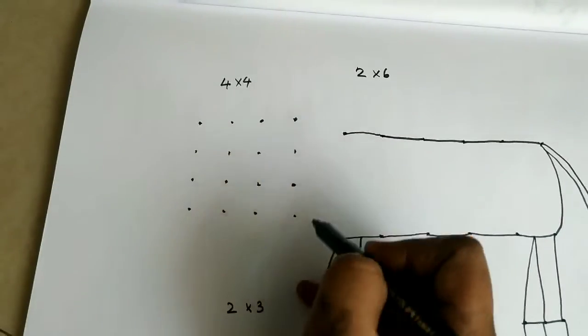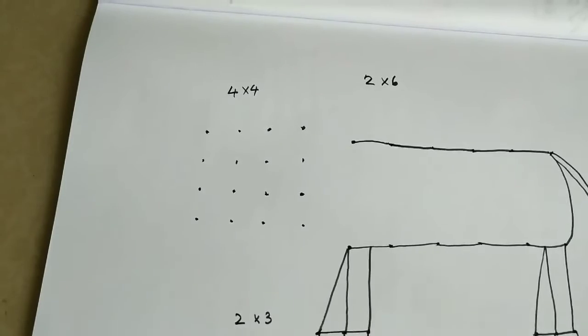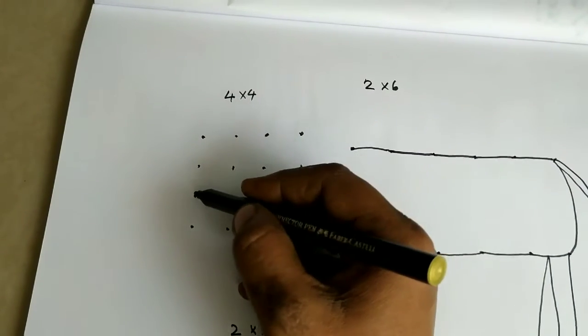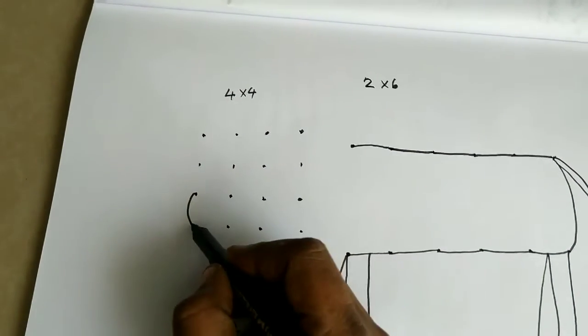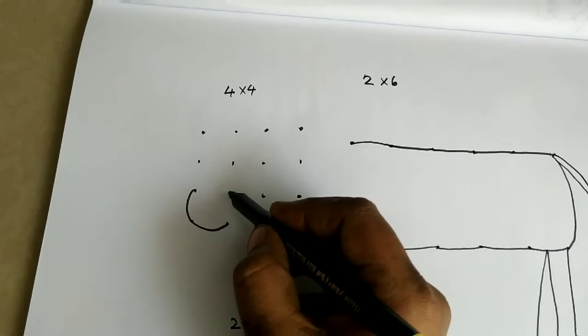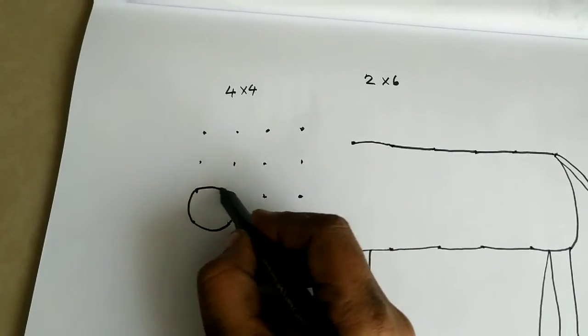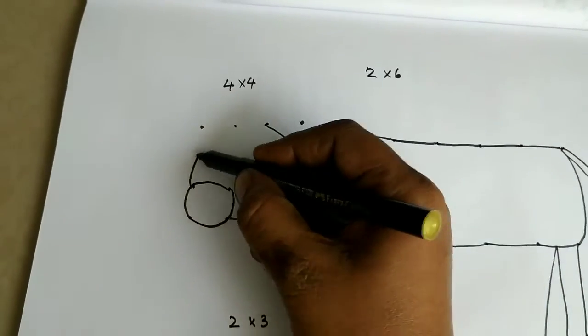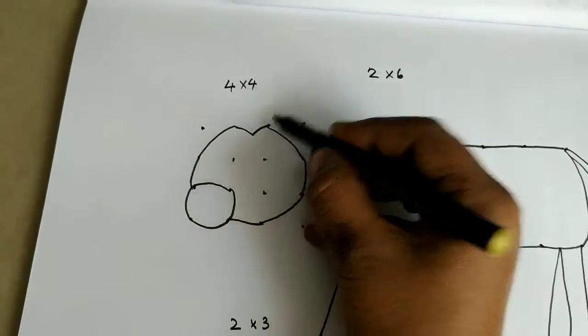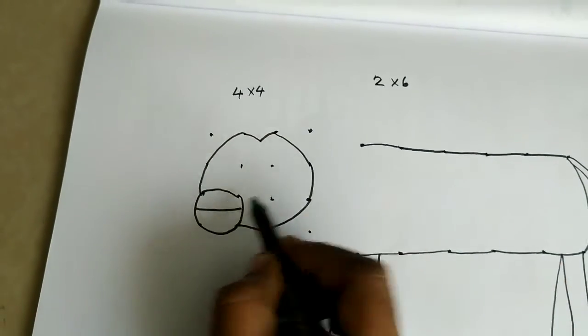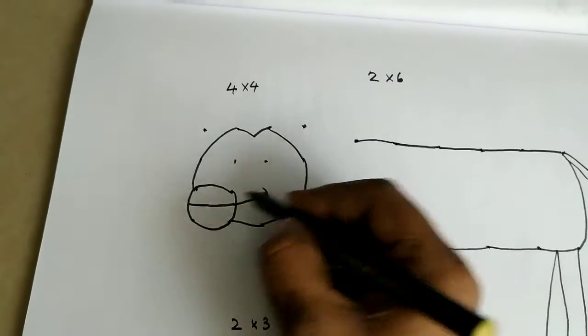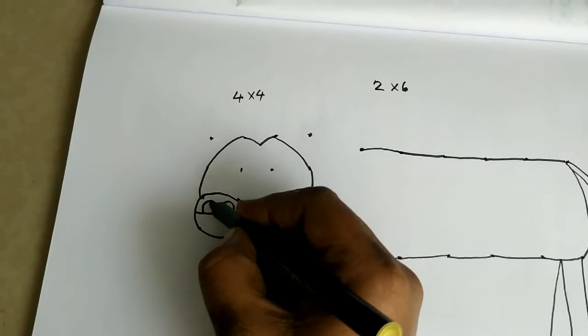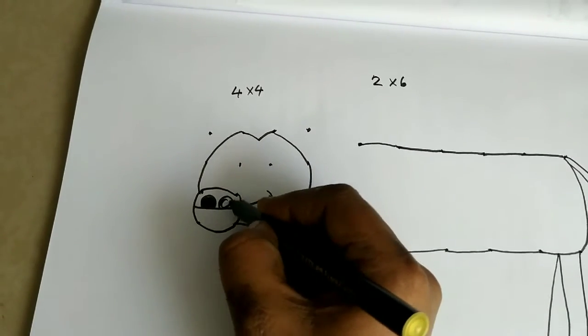Okay. Let's repeat the head part. So this is very simple if you learn the rows and columns concept, and very easy to pick up.